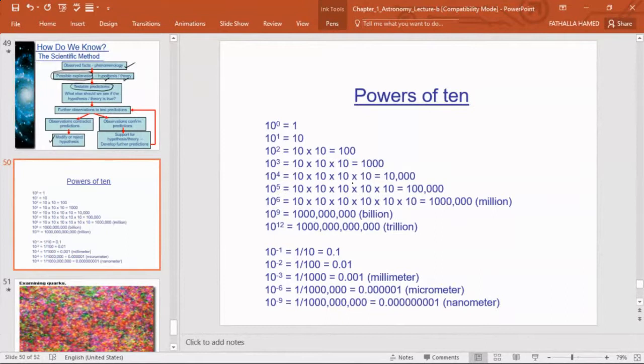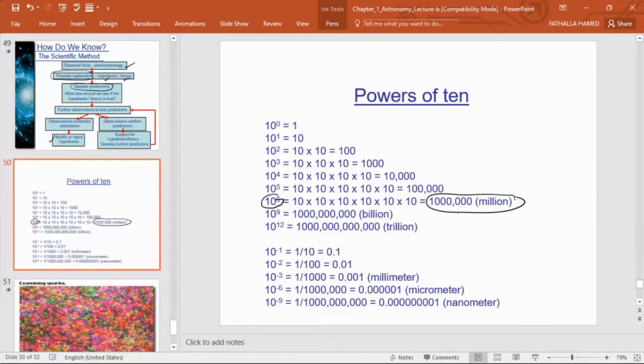And so on: 10 to the 4, 10 to the 5, 10 to the 6, which is 1,000,000. So we write that as 10 to the 6. A billion is 10 to the 9. A trillion is 10 to the 12. So if I want to write a million, I can just write it as 10 raised to the power 6, and that's what we call the scientific notation.